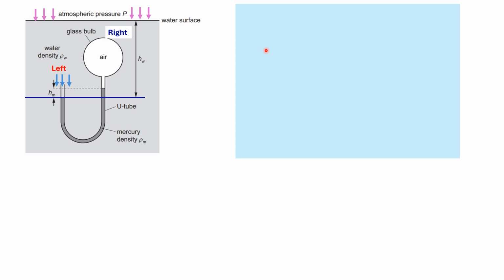Now we can state that the pressure on the left side is equal to the pressure on the right side. So what do we have above this line on the left side? We have the pressure of the water, and we have the pressure of the atmosphere, atmospheric pressure. And on the right side, we have this section here of mercury, and we have the pressure of the air that is sealed in this bulb.